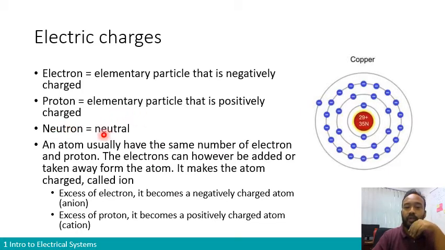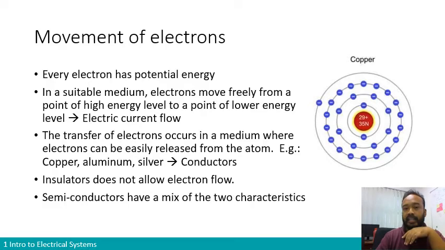Neutrons and protons build the nucleus in the middle of the atom structure, and the neutron is neutral, right? An atom usually has the same number of electrons and protons, but electrons can be added or taken away from the atom. That makes the atom charged, and we call it an ion. An excess of electrons makes a negatively charged atom, which we call an anion, and an excess of protons makes a positively charged atom, which we call a cation.